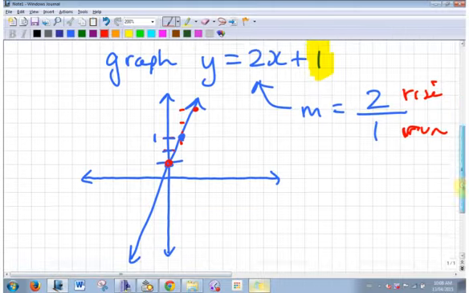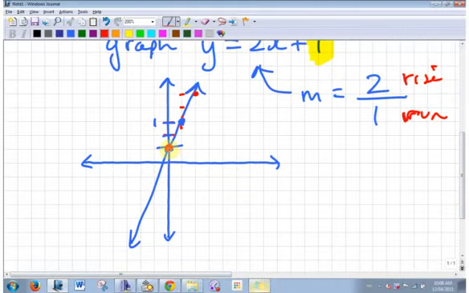Okay? And if I go down from this point, that's 2 units of rise, 1 unit of run. I don't want to go this way, because that's not where the line is. I want to go this way. There's a point. 2 units of rise, 1 unit of run. See, my line wasn't very good. It's actually there. 2 units of rise, 1 unit of run. So my line, if I'm really picky, should do that. Okay?